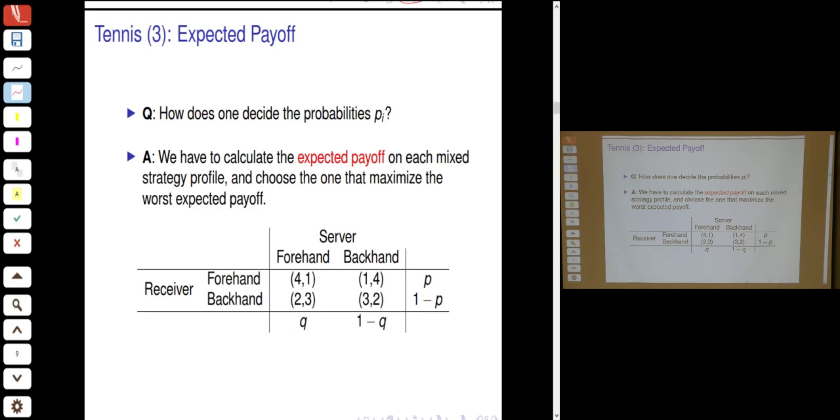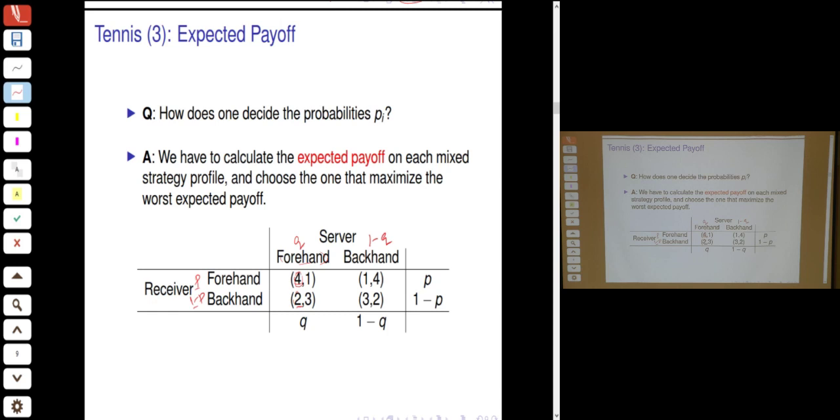So, think of the receiver. If the server plays forehand, then the receiver gets payoff 4 with probability P, and payoff 2 with probability 1 minus P. So, if you fix the choice of strategy of the server, then you can calculate the mean payoff for the receiver.